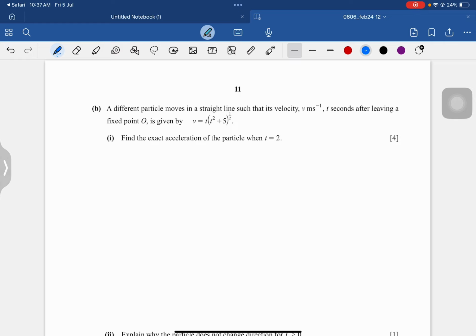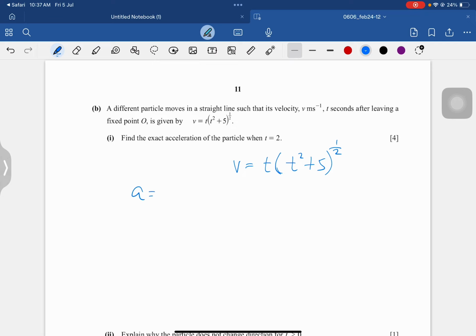Okay, the equation of velocity is given. V equals to t square plus 5 to the power of half. Now, to find acceleration, we have to differentiate. And the relationship here is times, so we have to apply product rule.